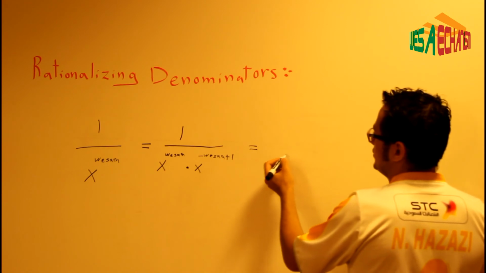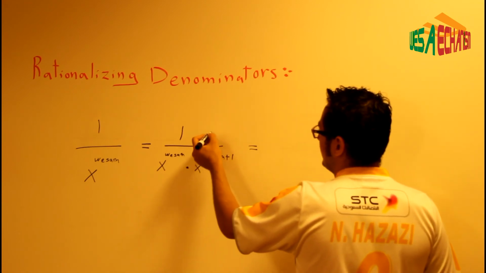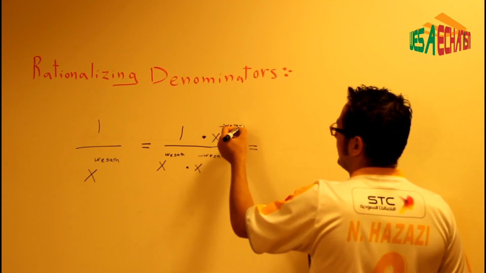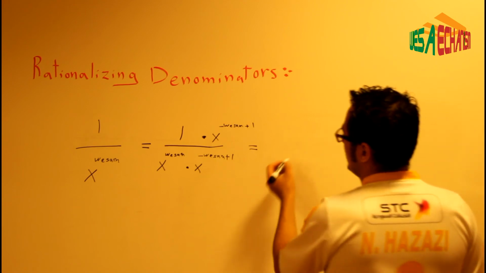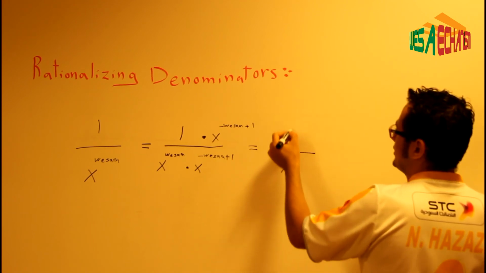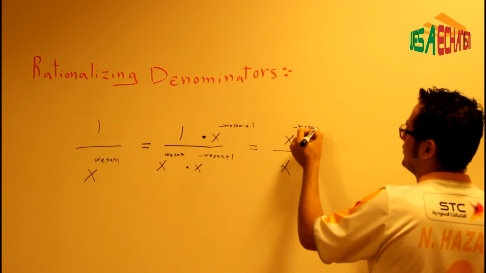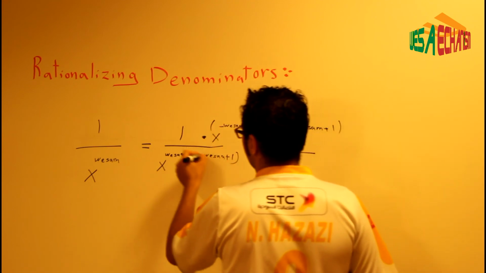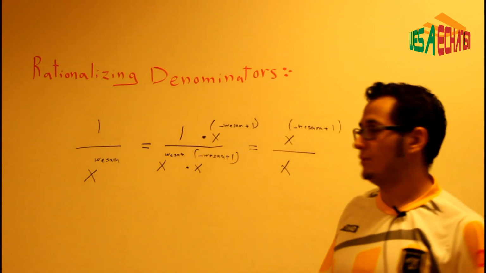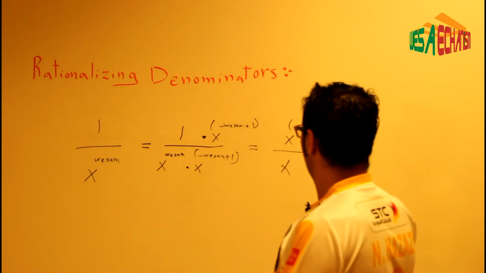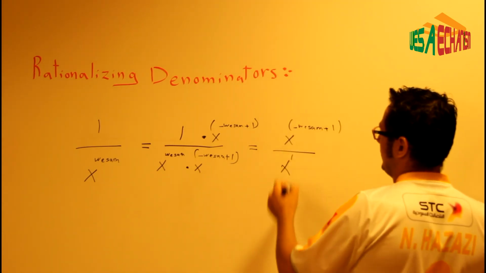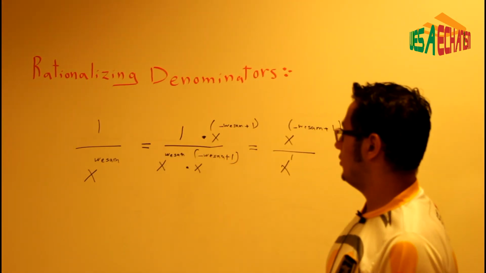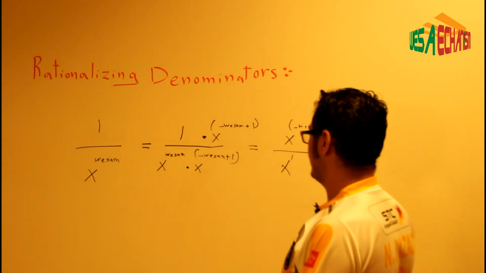This is in here, and the upper part is also multiplied by x to the power minus Wissam plus 1, which will give us x to the power (minus Wissam plus 1) between parentheses. That's it. This is how we solve this problem. We came up with the power of 1, because in here we have Wissam minus Wissam plus 1, which is equal to 1, which means that we have x to the power 1.